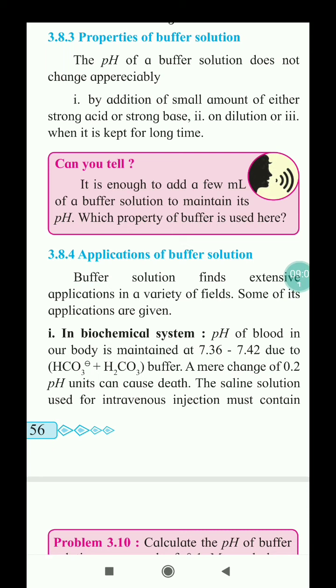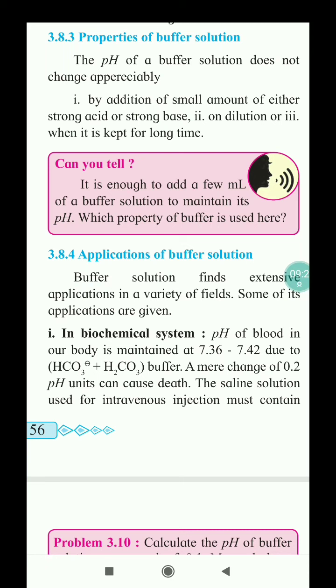In the biological system, students, you know that the blood in the body plays a very important role. The pH of the blood is maintained at 7.36 to 7.42 due to the bicarbonate ion and carbonic acid buffer.